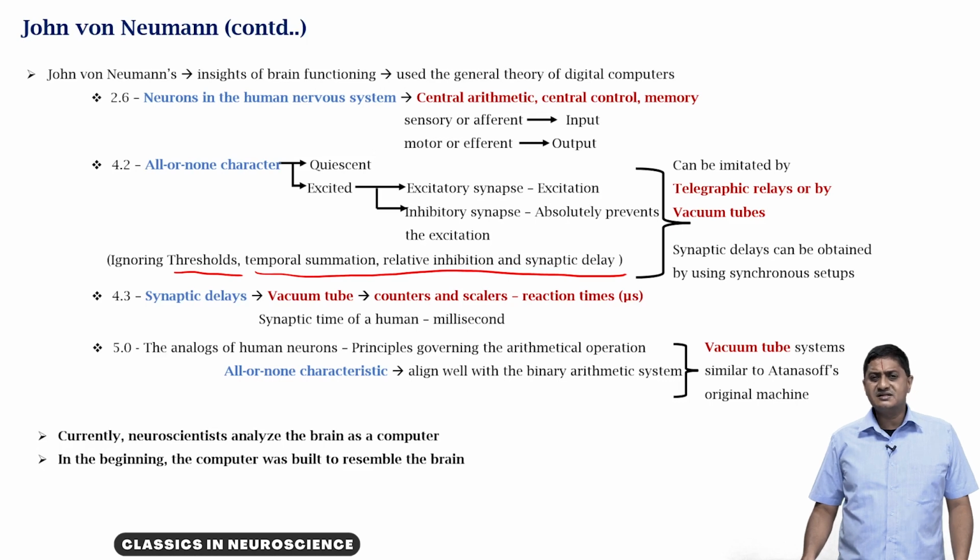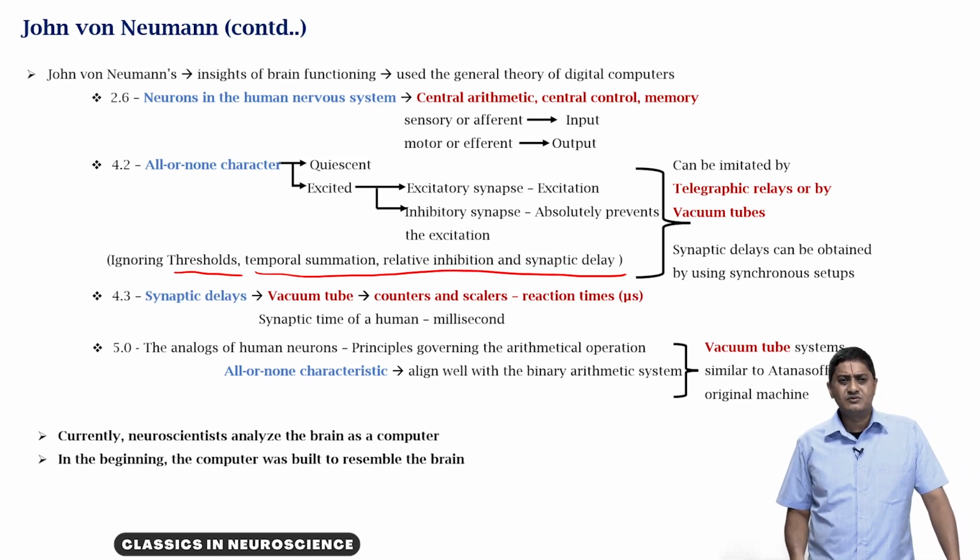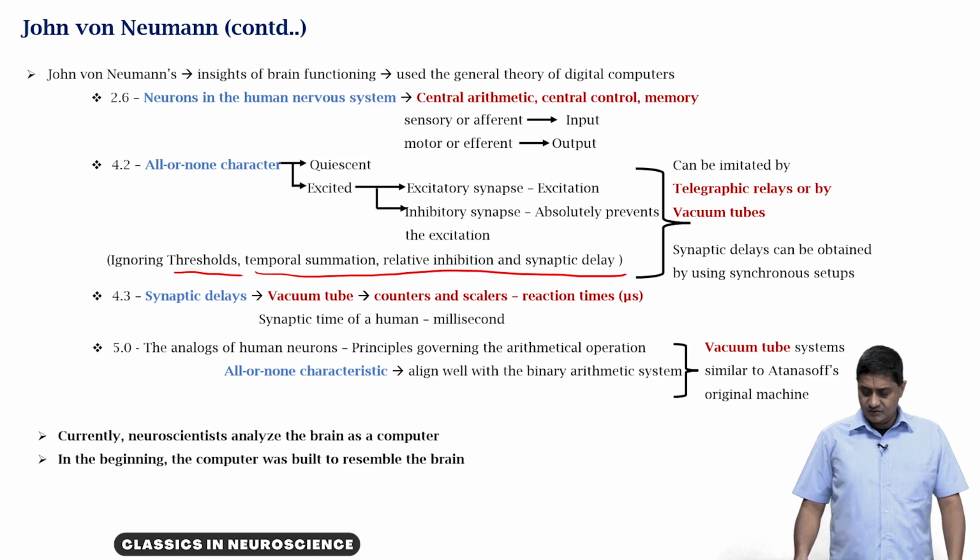These synaptic delays could be introduced through vacuum tubes and can be used to build counters and scalers, with reaction times in microseconds, whereas the synaptic time of a human is of the order of milliseconds. So, these analogues of human neurons and the principles governing the arithmetical operation and the all-or-none characteristic of the action potential and the neurons align well with the binary system. So, he suggested we can use vacuum tube systems similar to Atanasoff's original machine.